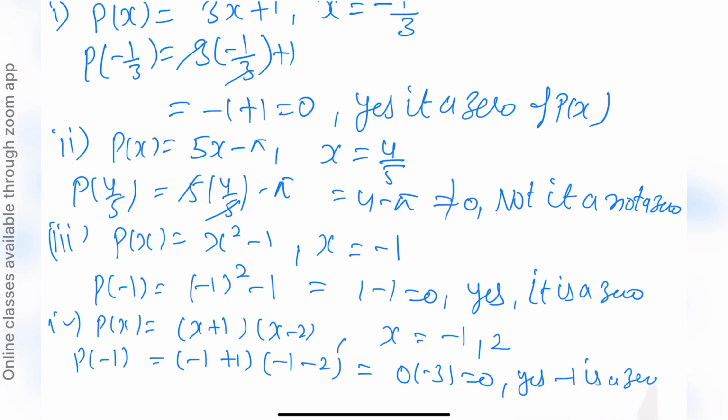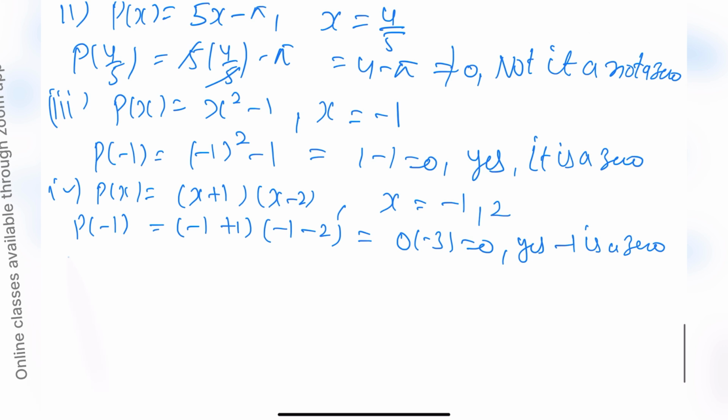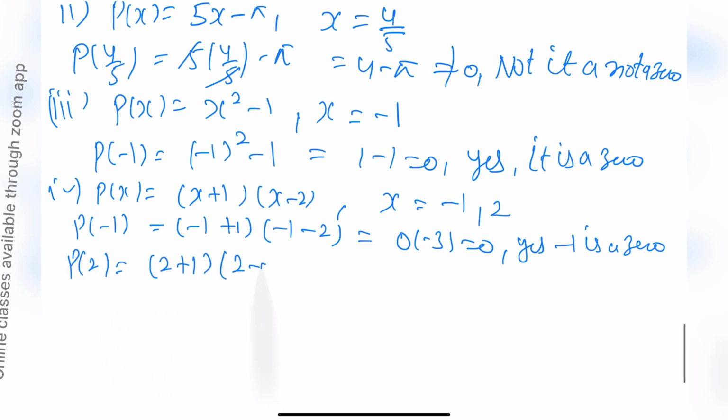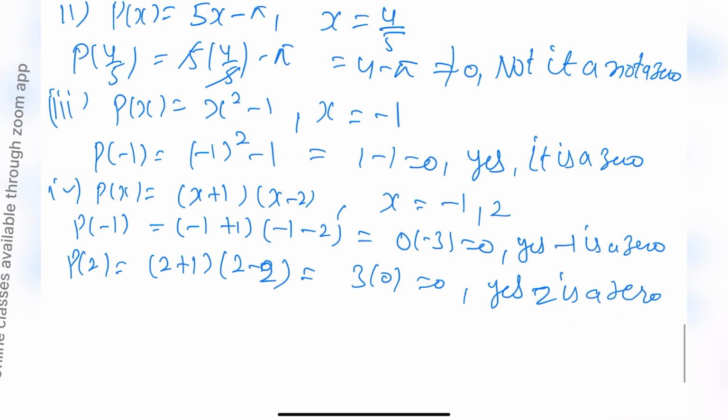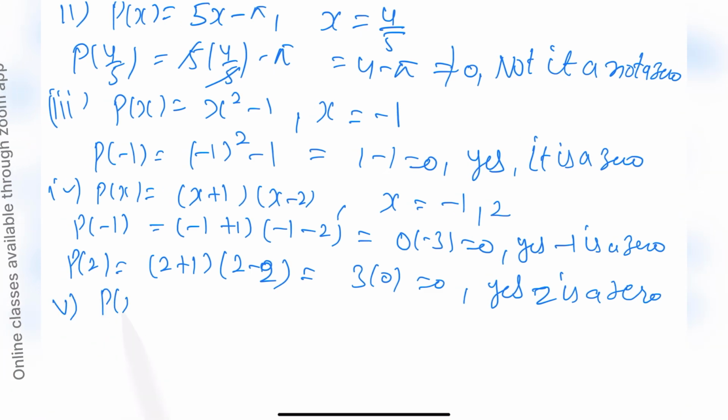So yes, minus 1 is a zero of P of x. Then we have to check P of 2. So 2 plus 1 into 2 minus 2. So 3 into 0 is equals to 0. So yes, 2 is a zero of the given polynomial. It means both the given values are zeros of the given polynomial.